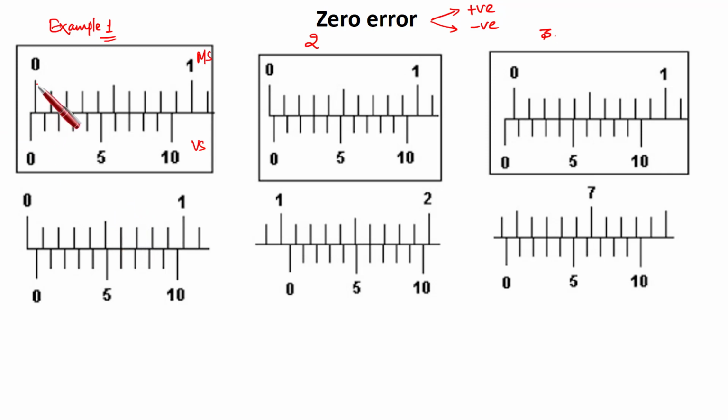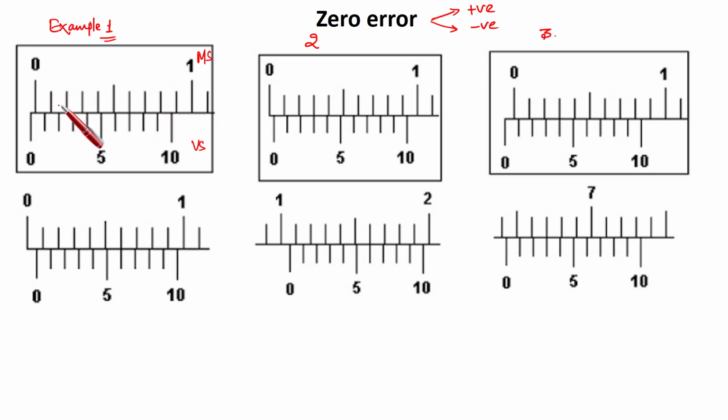If the main scale 0 is at the right side of the vernier scale 0, then it is known as negative error. Look here, this 0 should be on this side, then only there will be positive values. While taking a reading, we check where the 0 of the vernier scale is coming on this scale.